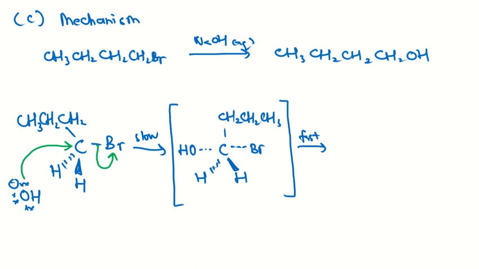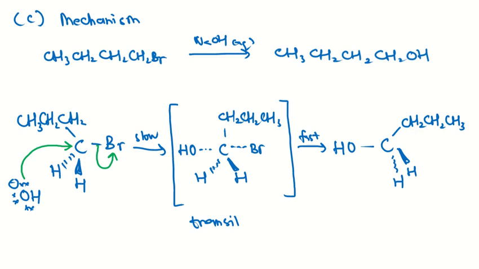And then as the bromine atom leaves, we will get the product in the shape of an inverted tetrahedron. Okay, so this is the transition state.